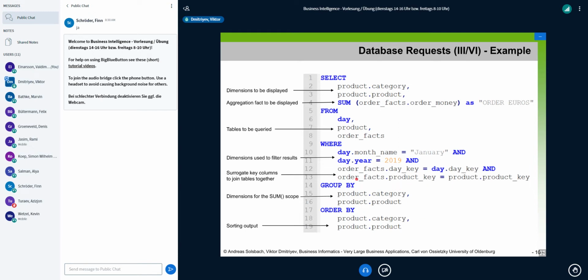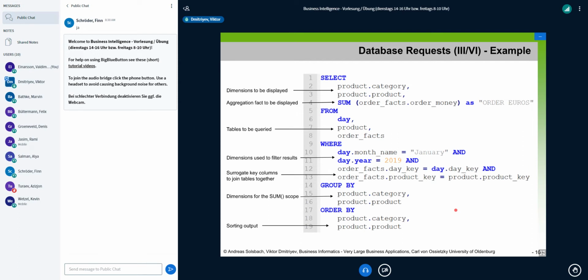Then you have a group by, so it's the dimensions that you want to look at, what you want to combine by, and then sorting. Yeah, I'm explicitly explaining this again.